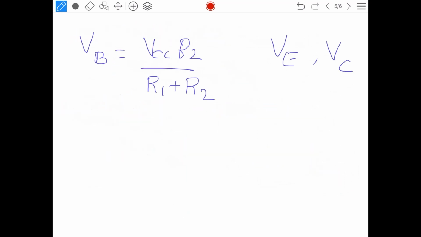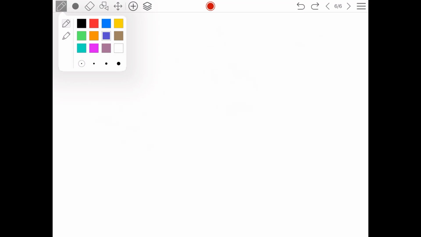So I am writing the same here. VCC minus IC RC minus VCE minus IE RE is equal to 0.